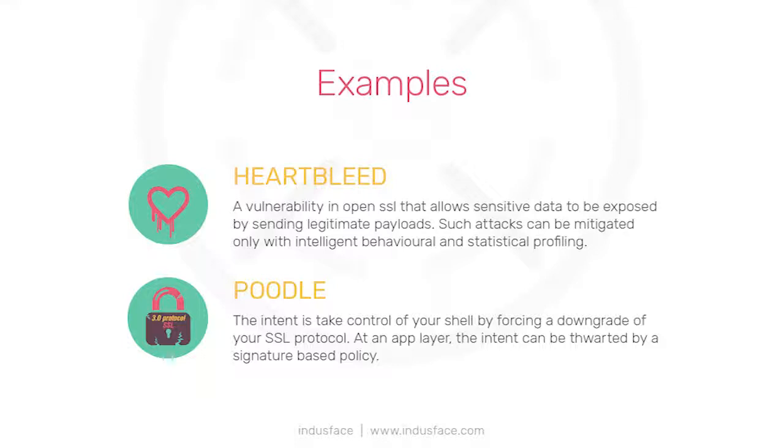When you're running a specific version of OpenSSL software, and any SSL handshake on Apache or any web server, the payload will be perfectly legitimate, exploiting a vulnerability in a specific version of OpenSSL to give a 64 kilobyte memory dump to the user. And because it's a memory dump, it can have sensitive information like passwords.